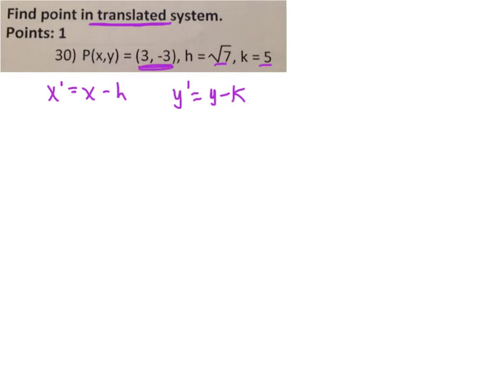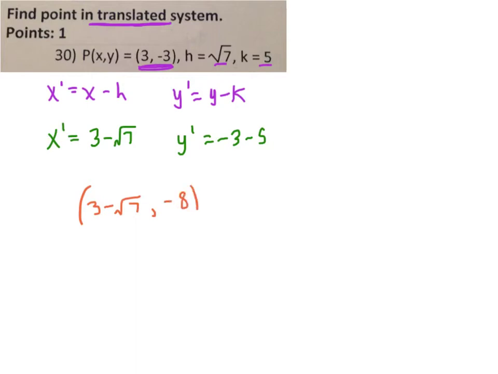We just plug it all in. X prime equals 3 minus the square root of 7. Y prime equals -3 minus 5. We can't do anything to 3 minus the square root of 7, but -3 minus 5 is -8. So there's our new point.